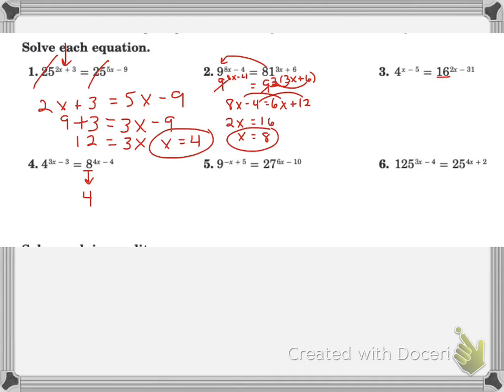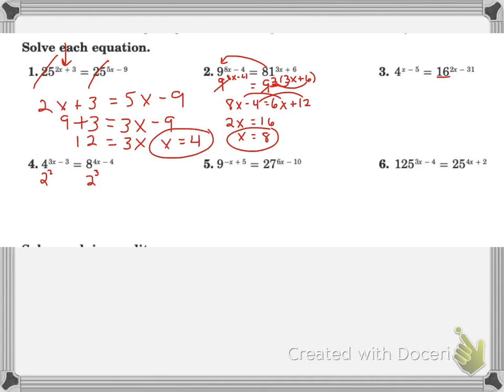And don't say 4 squared, because you know what 4 squared equals, 16, okay? So it's not 4 squared, it's not 4 to the first, okay, that doesn't equal 8. So what we can do is we can rewrite 8 with a base of 2. Now if 8 has a base of 2, it's going to have to be 2 cubed because it still has to equal 8, okay? You can also rewrite 4 with a base of 2. You see where I'm getting?